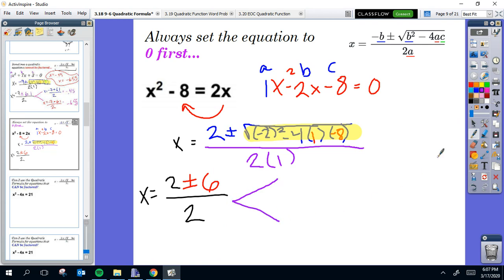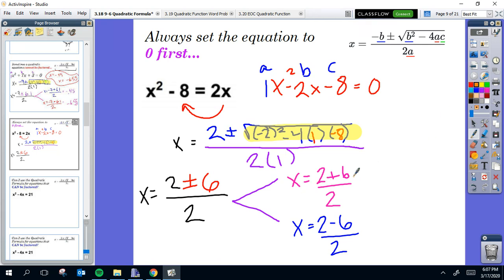Because it's a plus and minus, I'm going to have two different answers. On the top, I'm going to have x is equal to 2 plus 6 over 2. And on the bottom, I'm going to use the minus sign. X is equal to 2 minus 6 over 2. And I can do this one in my head.